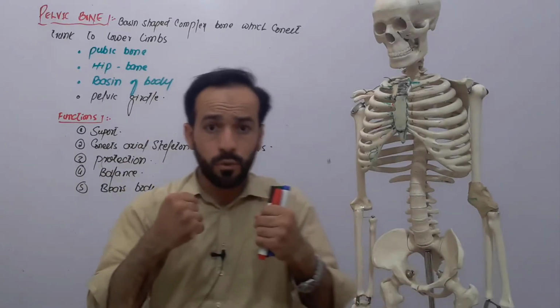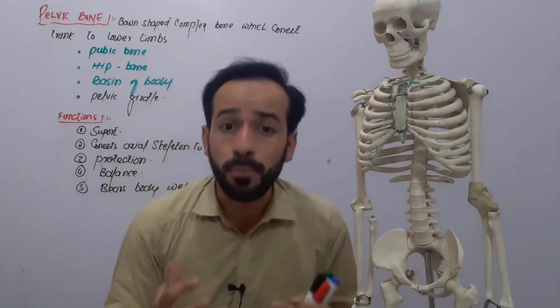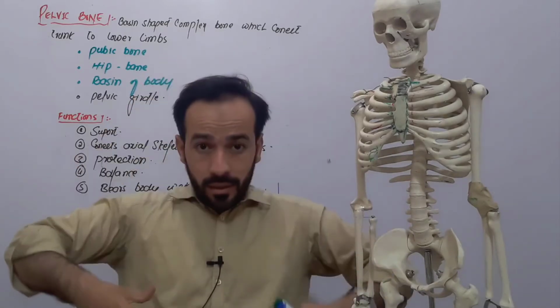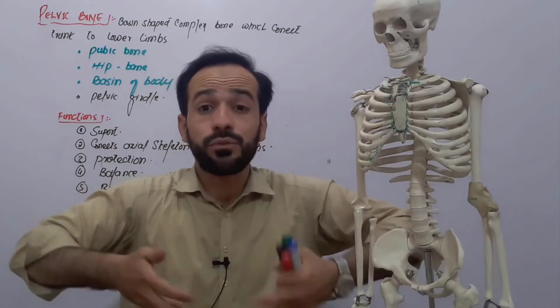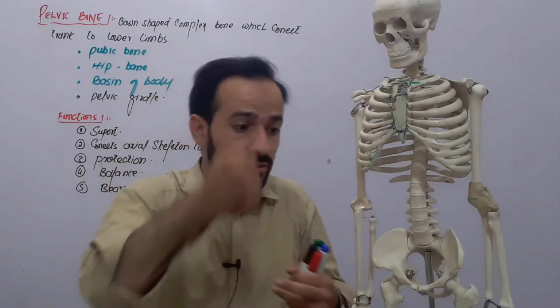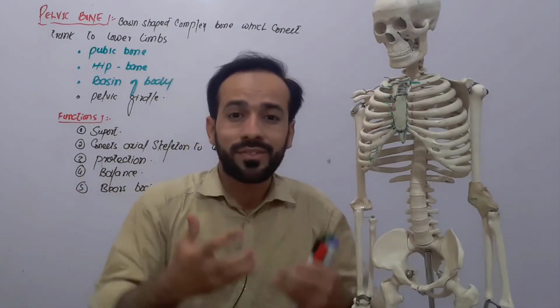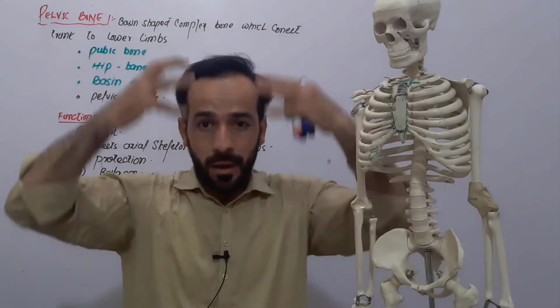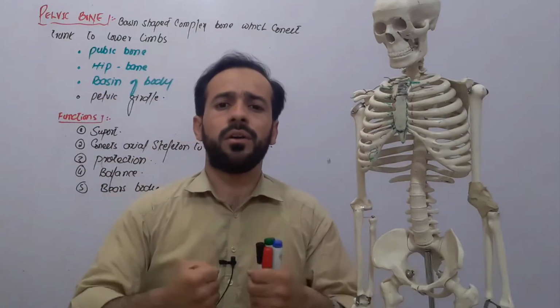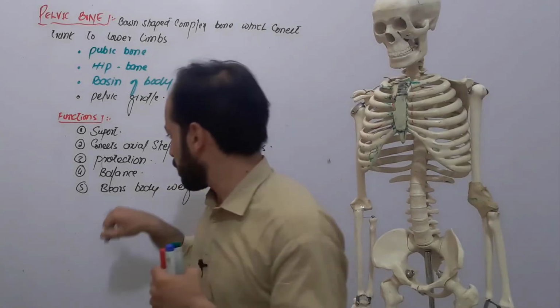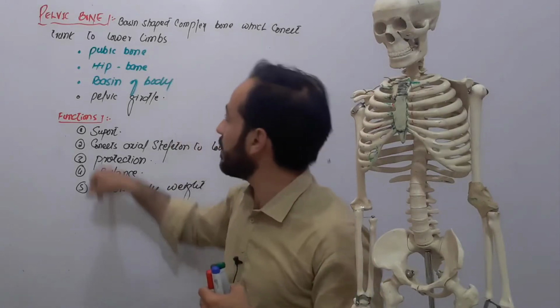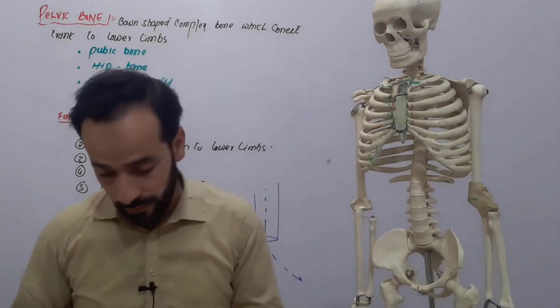So this pelvic bone is important to support your upper skeleton, or wholly your axial skeleton is supported by this pelvic bone. So we say the weight of our upper body parts is supported or borne by the pelvic bone. So this is the function.